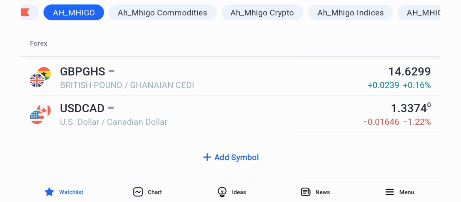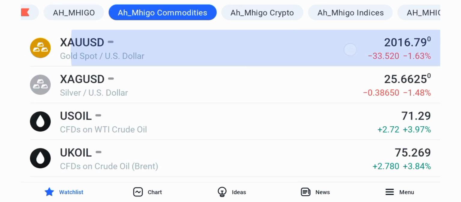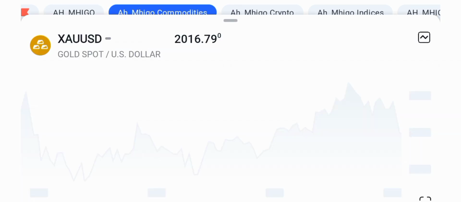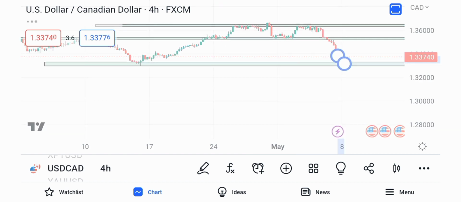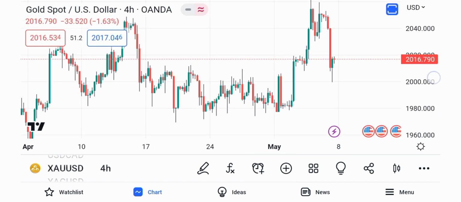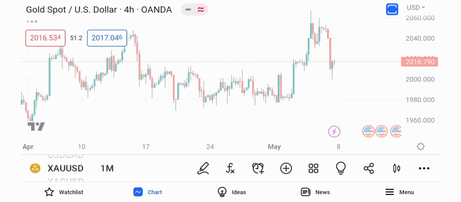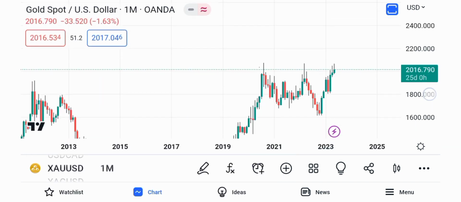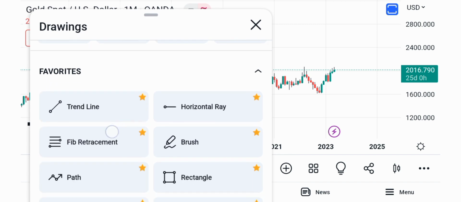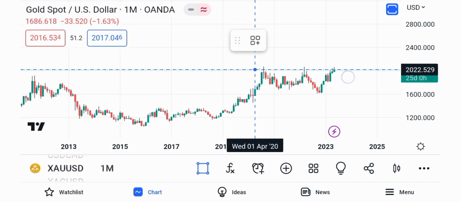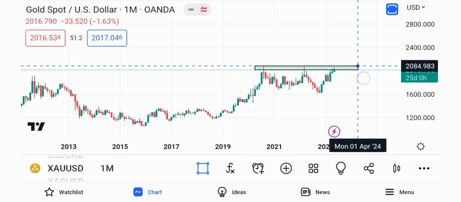Now our last pair we'll analyze is gold, almighty gold. So on gold, let's start from the monthly time frame. So on the monthly time frame, we can see that gold got to this point. Very point.